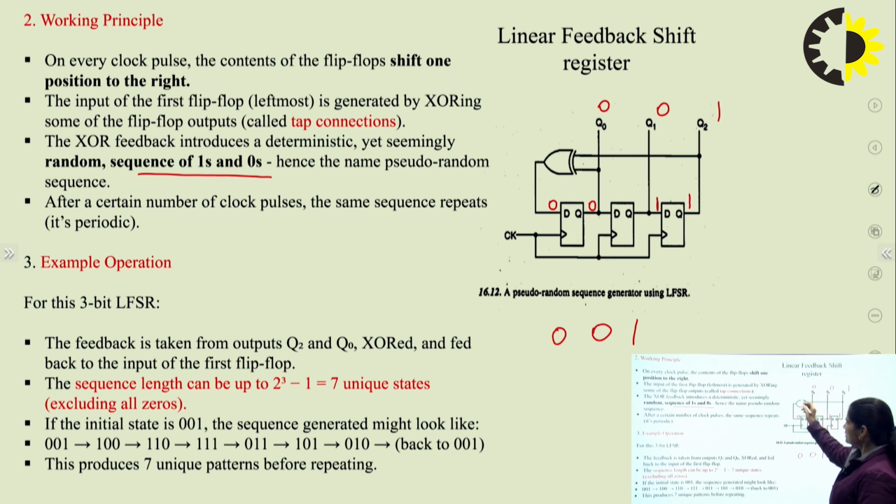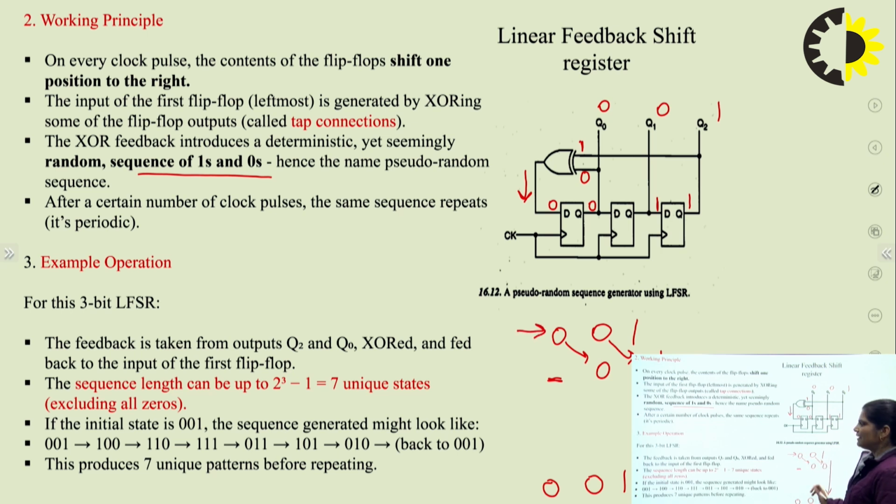Now for the output of this XOR, we are applying 1 and 0, so we have to apply the truth table of the XOR gate. So we get the output for the first D flip-flop, and the other bits are shifted along. Like this we have to do all these steps, and when we get the same output that we applied at first, it repeats.